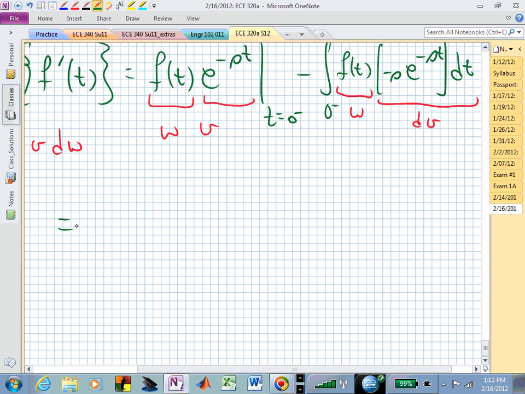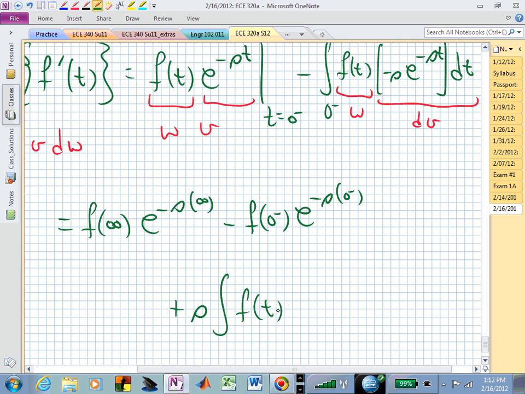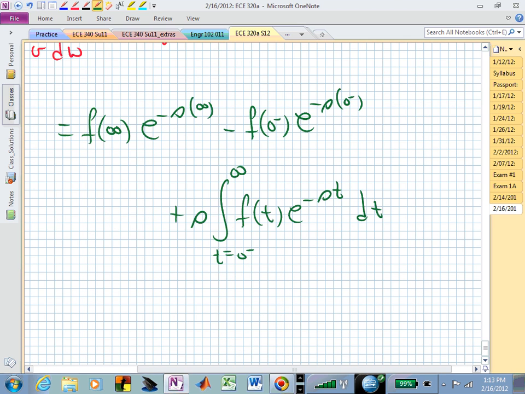I now have f of infinity, e to the minus s infinity, that's the upper limit on the first piece, minus f of 0 minus e to the minus s 0 minus, plus s integral f of t e to the minus st dt from t equals 0 minus to infinity.